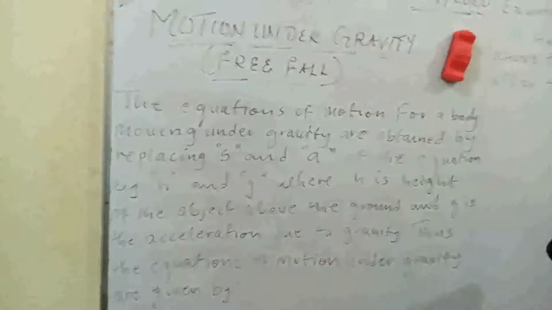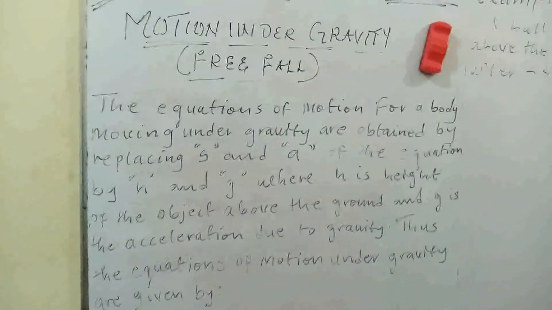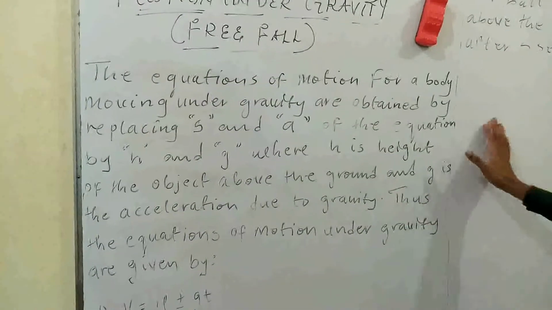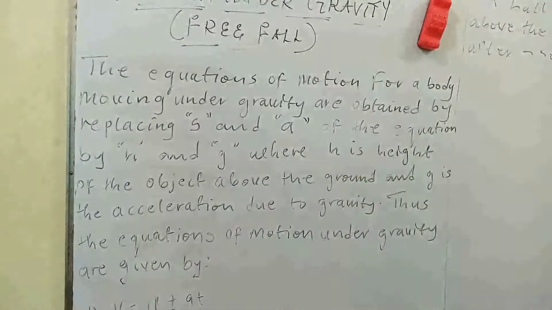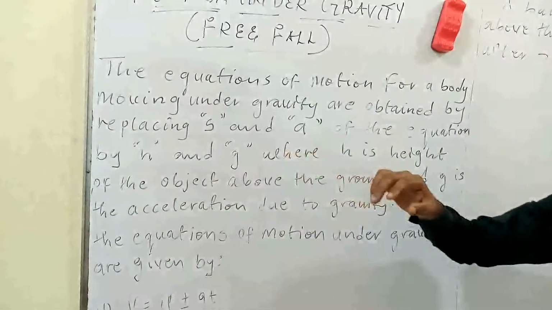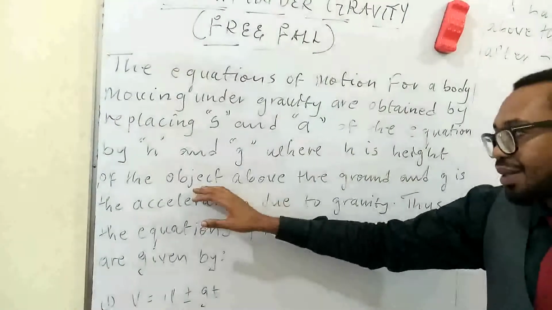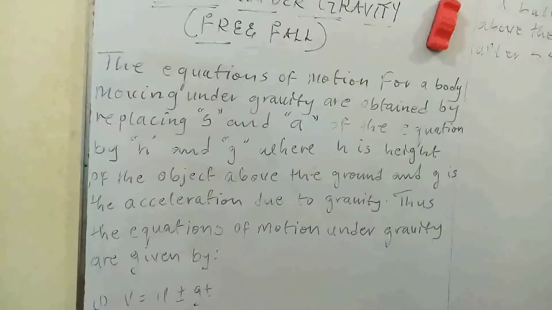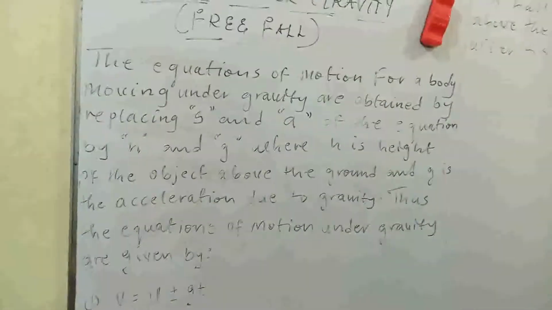Now we said the equations of motion for a body moving under gravity are obtained by replacing S and A of the equation by H and G, where H is the height of the object above the ground and G is the acceleration due to gravity.